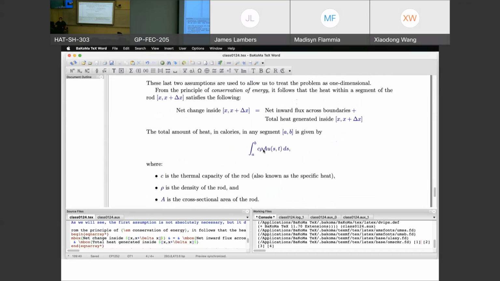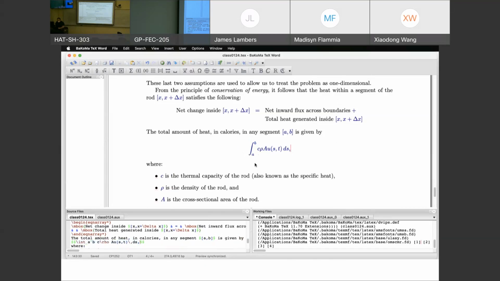The density of a rod, and then cross-section area, and then we have a temperature. So taking all of these and integrating over segment AB gives you the amount of heat in AB, and this is in calories. So what you see here is going to help us get to the left side.